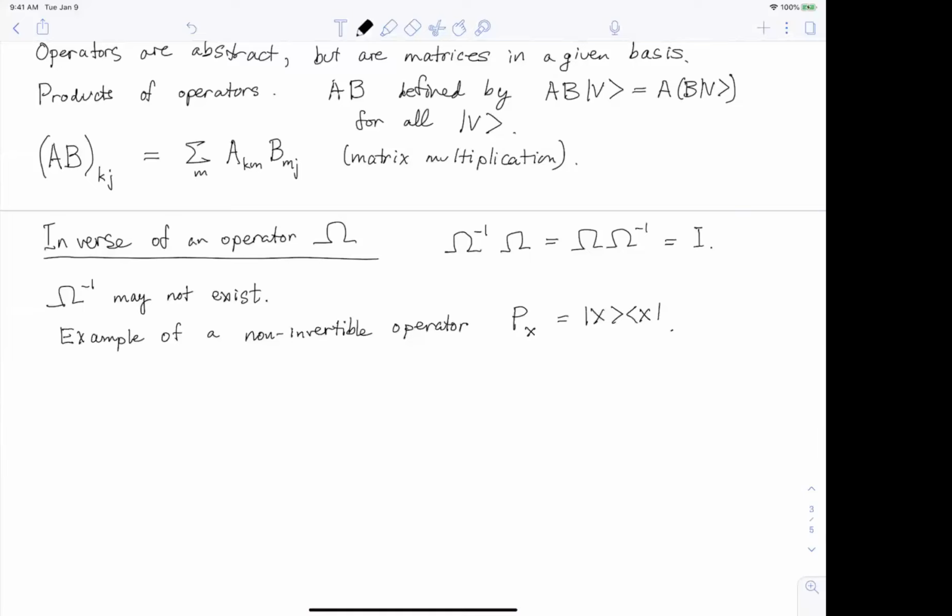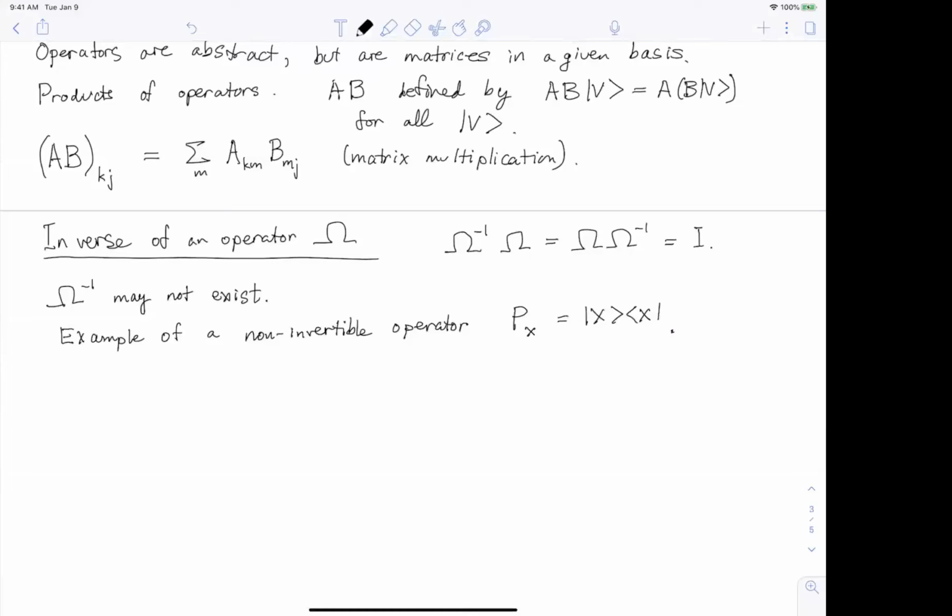And then the inverse would have to somehow resurrect the original state that I had. But there's no way to start with the null ket and act with any operator and get anything other than the null ket back. So projection operators don't have inverses. Now the identity was the sum of a bunch of projection operators, and so that does have an inverse, but a single projection operator does not.